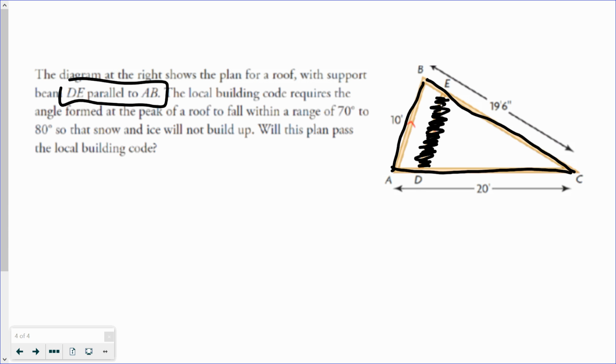So it doesn't matter where that support beam is, right? It's asking about the angle that it makes, that this angle needs to be within 70 or 80 degrees. So 70 to 80 degrees? Question mark? That's what it's asking. The other stupid thing is, I guess we use feet and inches. I know we do.